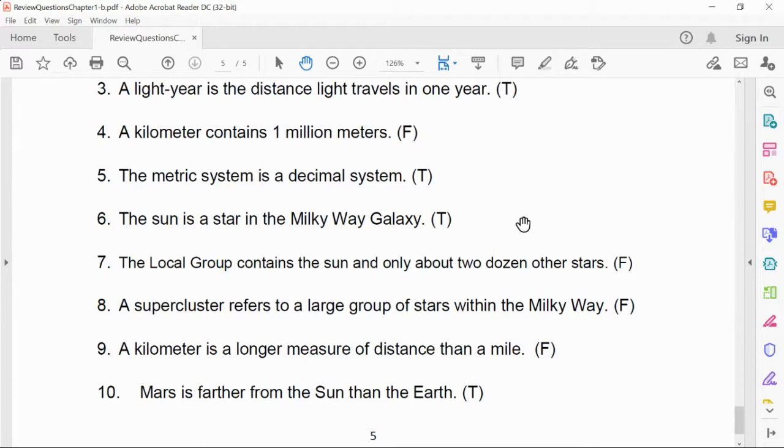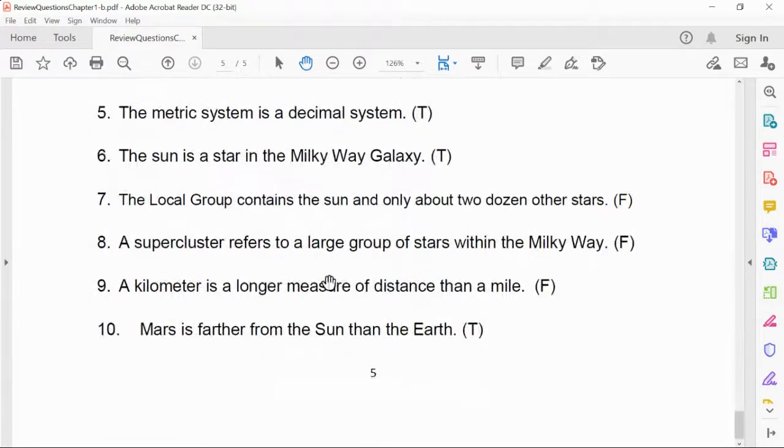The sun is a star in the Milky Way galaxy. That's true. The local group contains the sun and only about 2 dozen stars. The local group is a cluster of galaxies, and one of these galaxies is the Milky Way galaxy. That's why it's false. A supercluster refers to a large group of stars within the Milky Way. That's false. A supercluster is a cluster of clusters of galaxies.